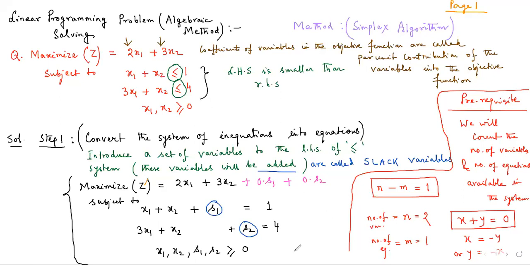Thank you, sir. Okay. So you just look at the prerequisite part. In the prerequisite part, what I have done, the same thing I'm going to apply in step number 2 right now.